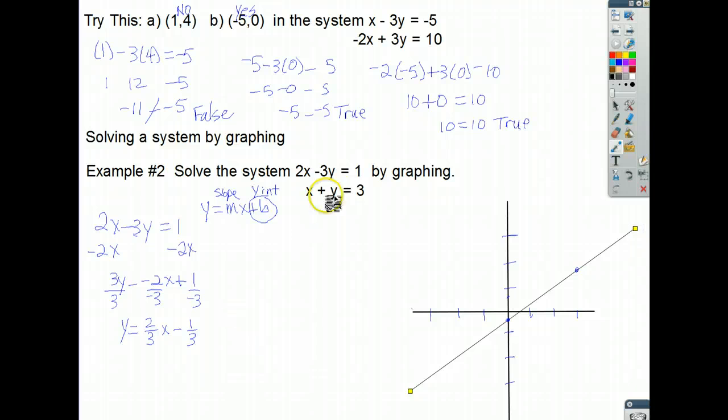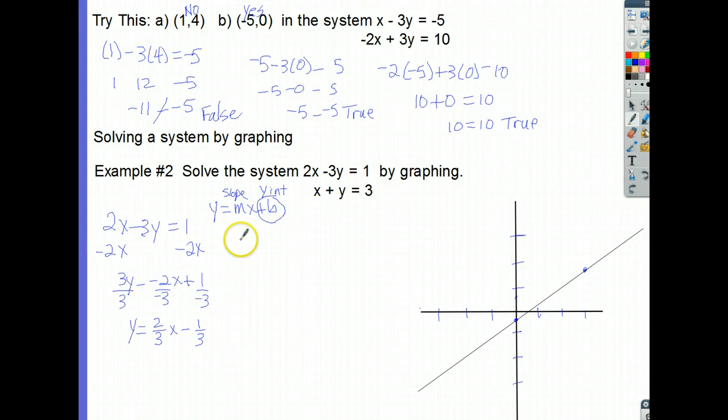All right, and let's work on the second one. Let's get it ready to graph. x plus y is equal to 3, and let's put this in slope-intercept form. Subtract x from both sides. We have y is equal to negative x plus 3. Now when we put it in slope-intercept form, we need to see the number in front of x.